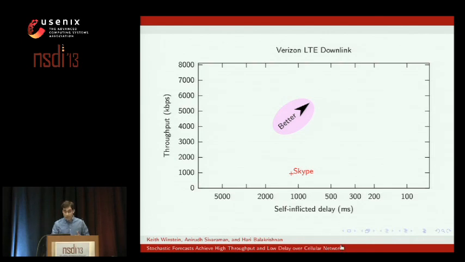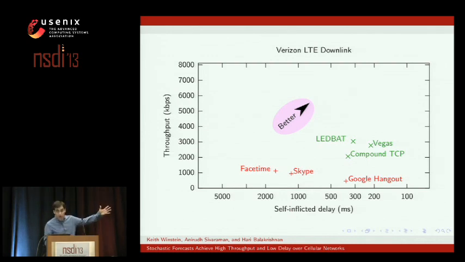So if we summarize the behavior of Skype, we said it was here, and let's look at some other schemes. We tested Facetime and Google Hangout. These are all kind of the same. Google Hangout has considerably better delays, only like 300 milliseconds, but the throughput's really bad. We also tested delay-based congestion control strategies, LEDBAT, Vegas, Compound TCP, and these are better than the video conferencing rate control strategies.